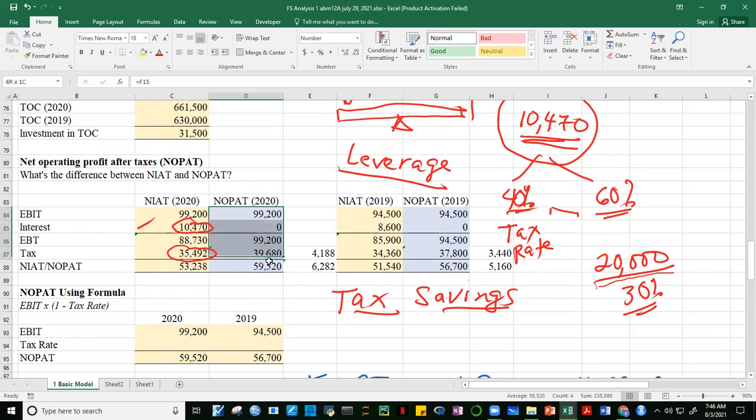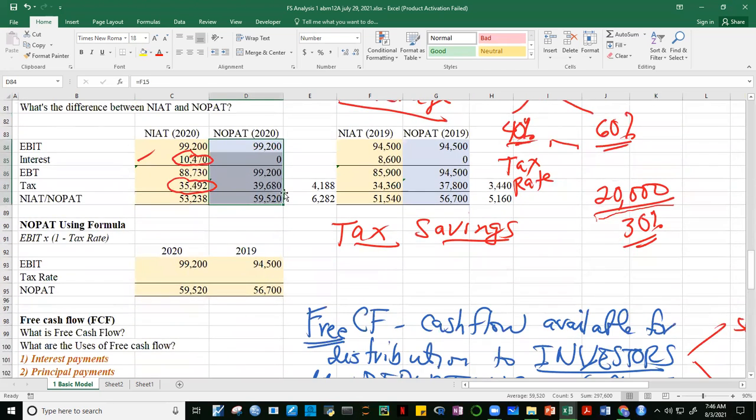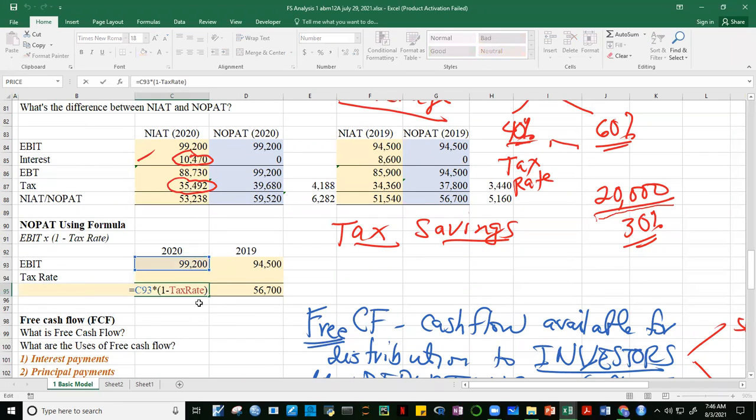Now, how did we compute for NOPAT? We went through the regular income statement approach, but the shortcut here is just multiply to your EBIT, actually to your EBIT or to your earnings before tax. Since they're actually the same, pareho naman sila kasi wala namang binawas sa interest. Multiply to our EBIT, okay, here, 1 minus tax rate.